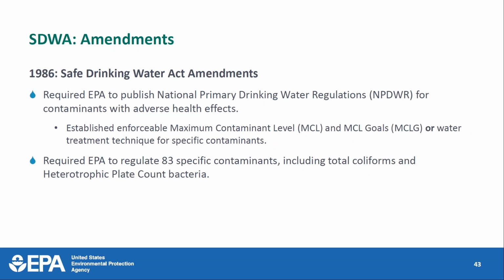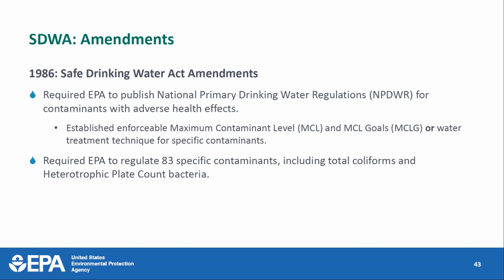The reason for this amendment is that EPA was a little bit slow on the uptake of getting the national primary drinking water regulations written, and Congress said, EPA, you need to work a little faster, so we're going to amend this, and we're going to give you some specific things that we want you to regulate. Under these amendments, EPA is told to set MCLs and MCLGs, or treatment techniques for specific contaminants.